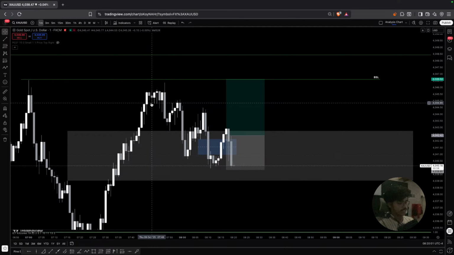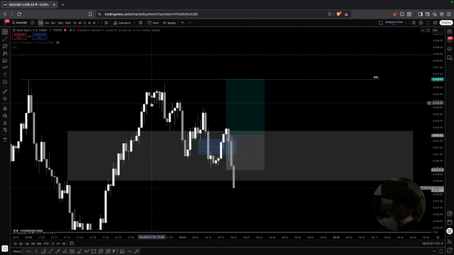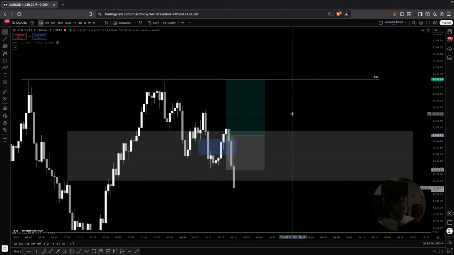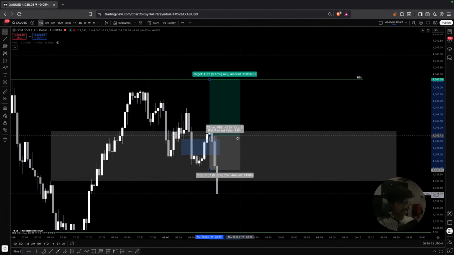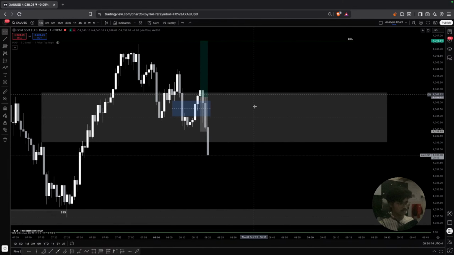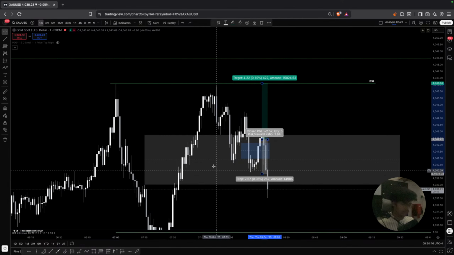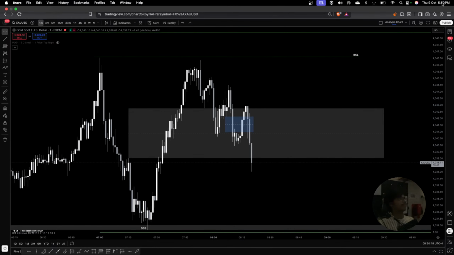Okay, fine, it has taken the SL. So let's not enter in this case, and that's why I actually asked you guys to enter with 40% entry. But one thing is for sure, now it has gone like this and 550 is there.